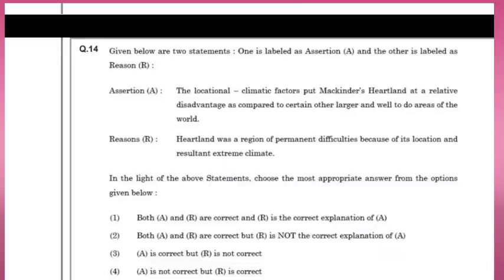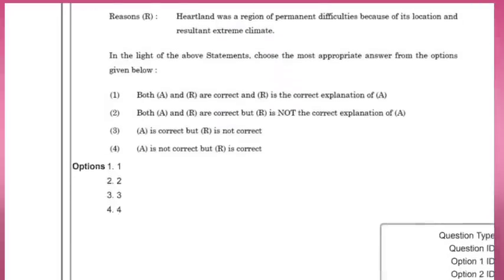Reason R: the Heartland was a region of permanent difficulty because it is located in an extreme climate. For this type of question, the answer is 1, both A and R are true, and R is the correct explanation of A. Option 1 is the correct answer.